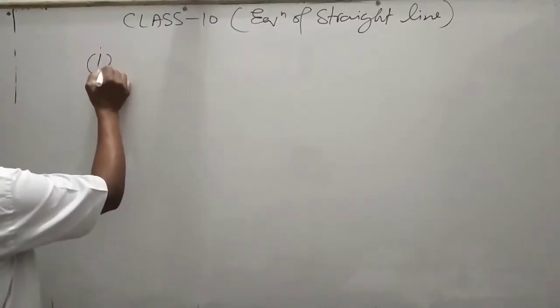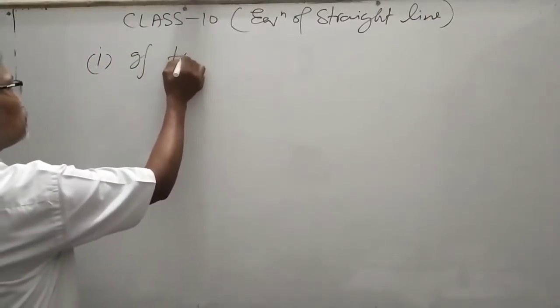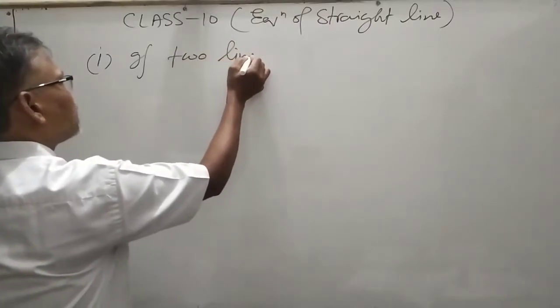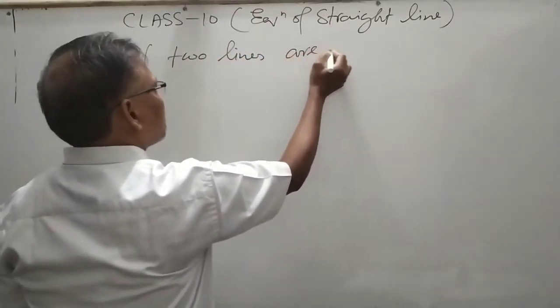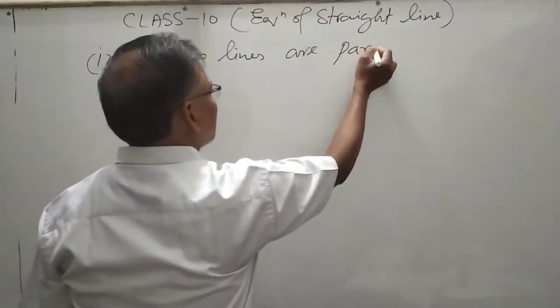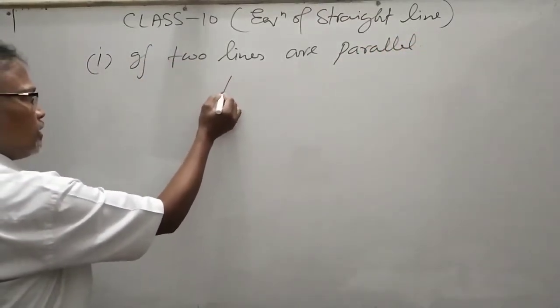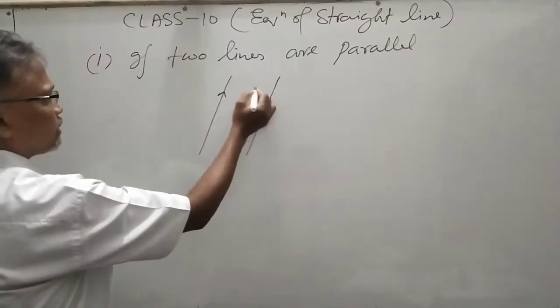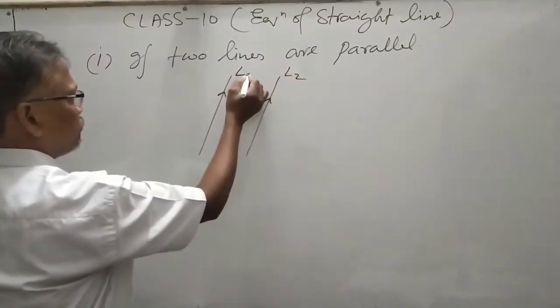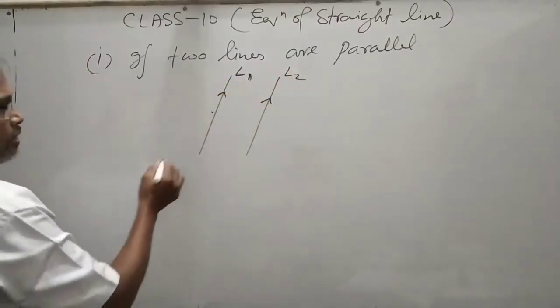The first case: if two lines are parallel, for example, these are the two lines L1 and L2, and these two are parallel.